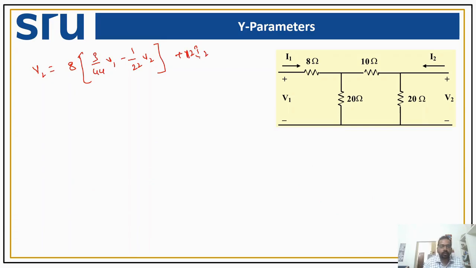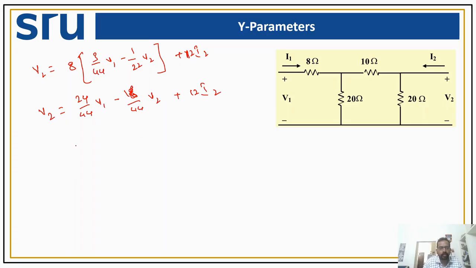So we require I2. So let us rearrange these equations first. So my V2 is equal to 24 by 44 V1 minus 16 by 44 V2 plus 12 I2.